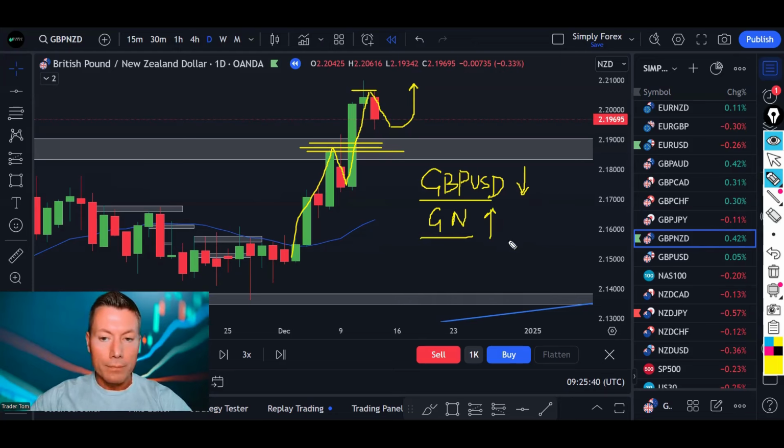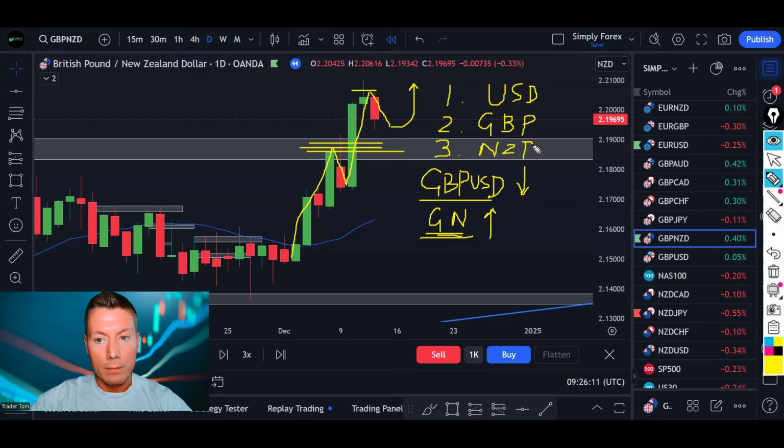Now, as Ravi said, he's okay with that because if you look at the order of the strength of these pairs, you're basically saying US dollar is the strongest. Remember, pound we are saying is stronger than New Zealand dollar, so pound is second strongest out of these three currencies, and third, the weakest, is New Zealand dollar.